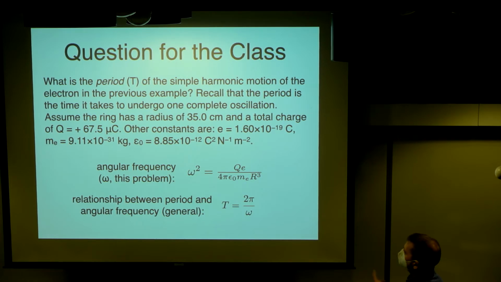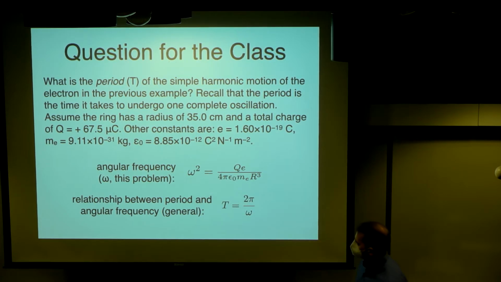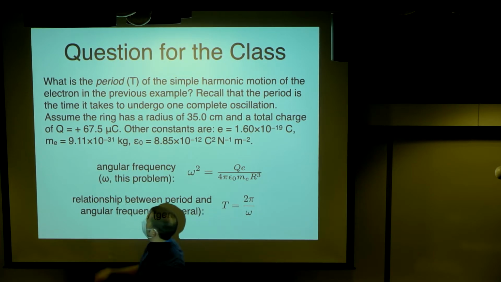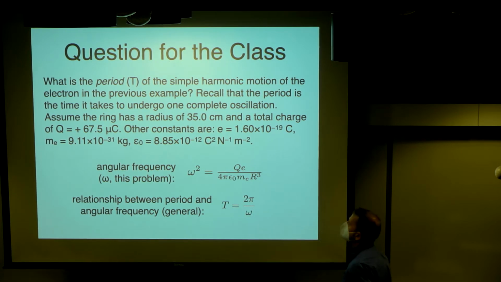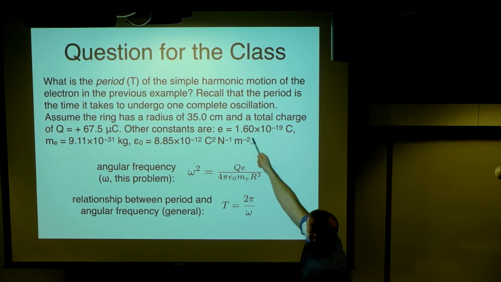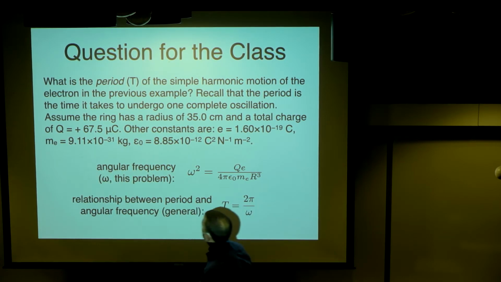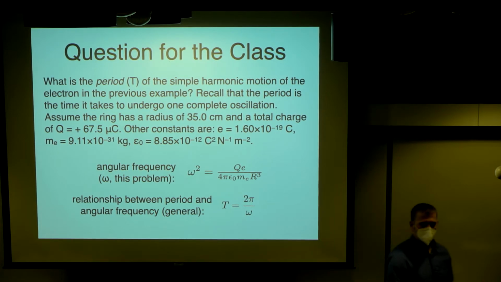So we have the ring, let's say it has a radius 35 centimeters. Let's say its total charge, which I'm giving you as capital Q, is 67.5 microcoulombs. You also need to know the elementary charge E, which is here, the mass of the electron, which is here, and then epsilon naught, which is given here. So it's kind of a big plug and chug.